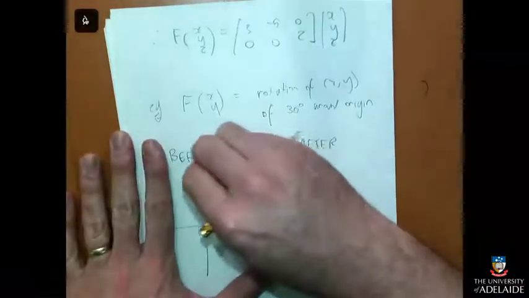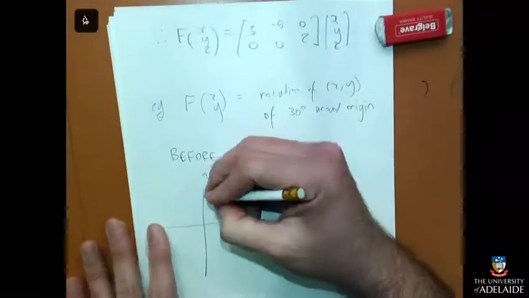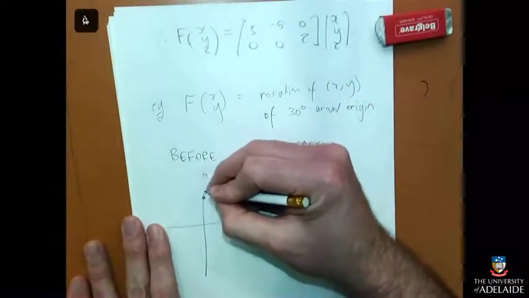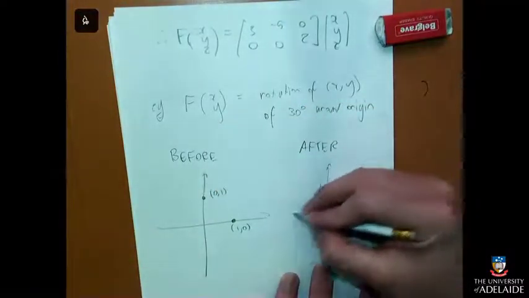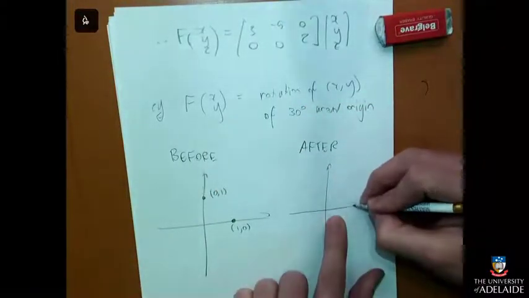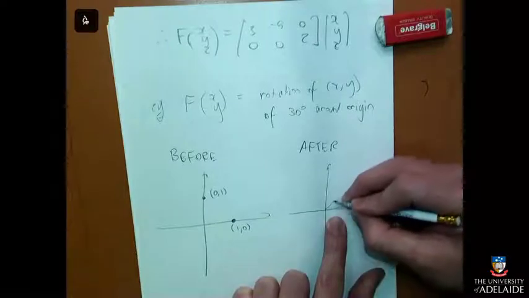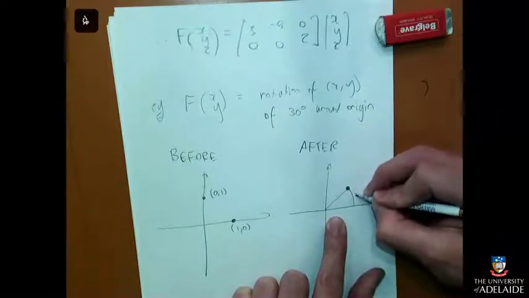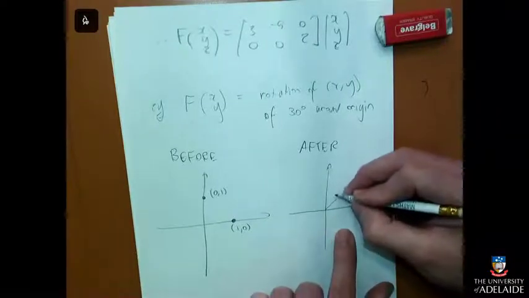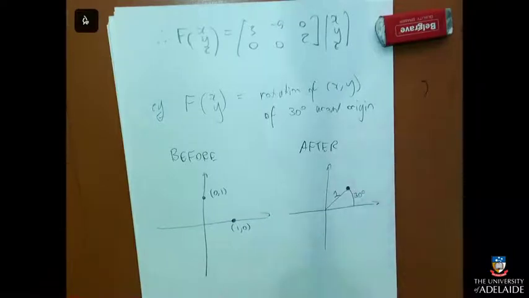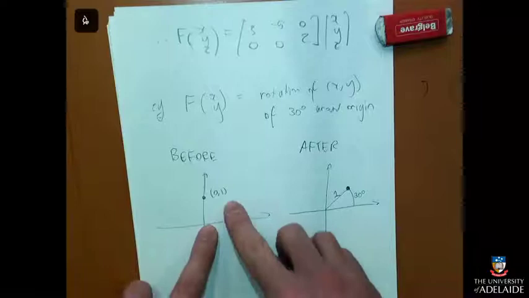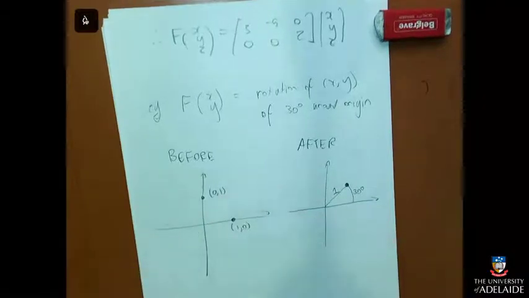They really do not look like they're the same length. Sorry, guys. And after the rotation, the 1, 0 is here. That length is still 1 because it's rotated, so the length hasn't changed.